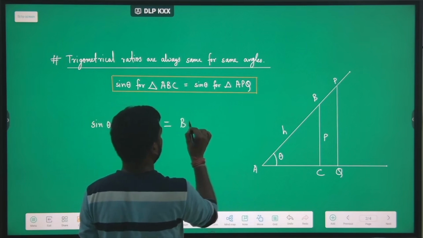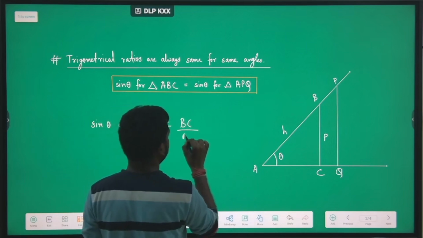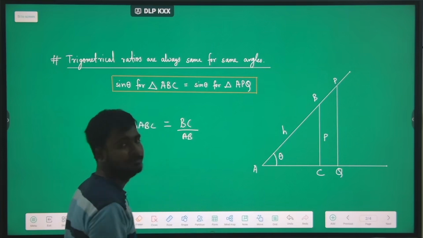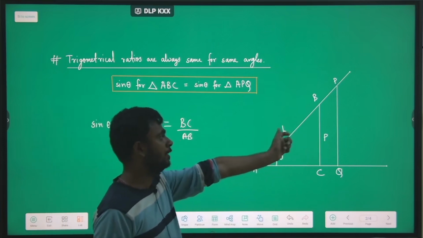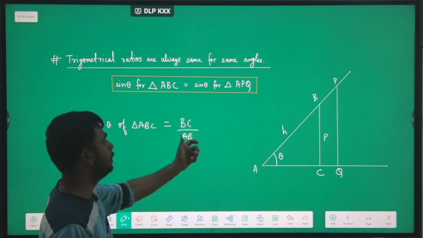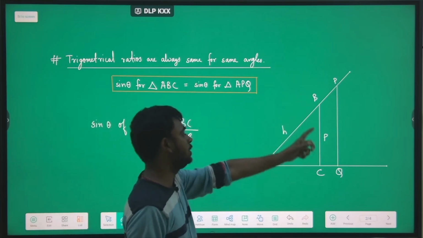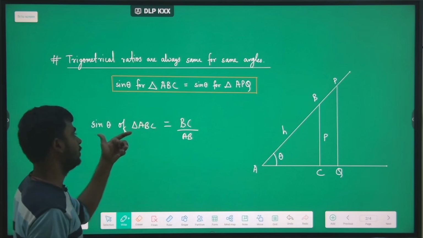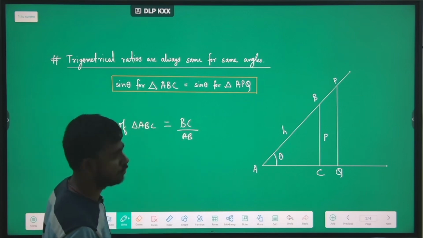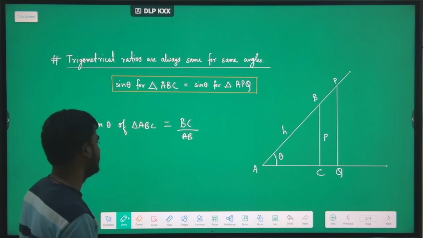Are you getting it? Sine of angle theta is P upon H, so this P upon H can be said as BC upon AB.